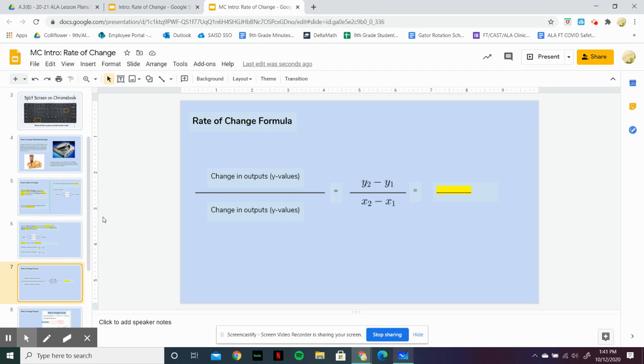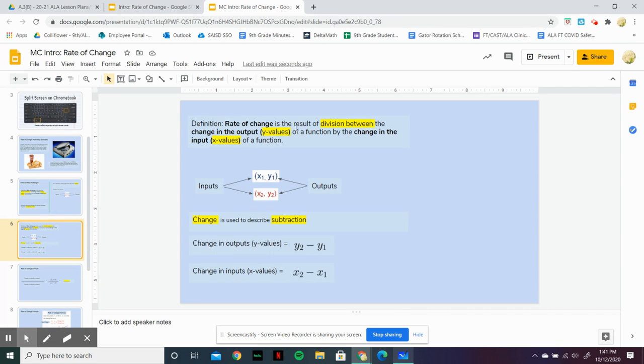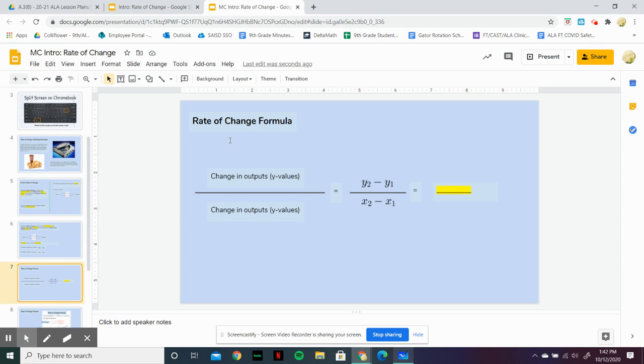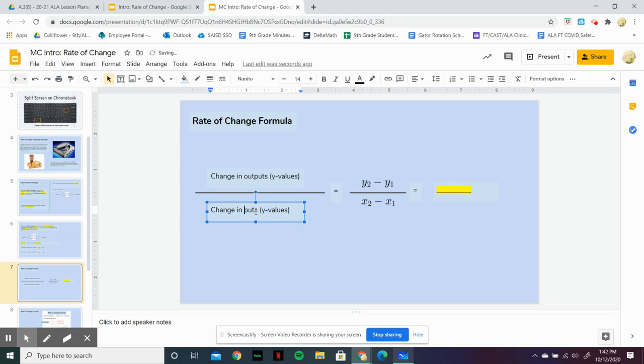And again, we know that our definition says that we have to divide these two things. So our rate of change formula becomes the change in the outputs, which is y, divided by the change in the inputs, which is x values.